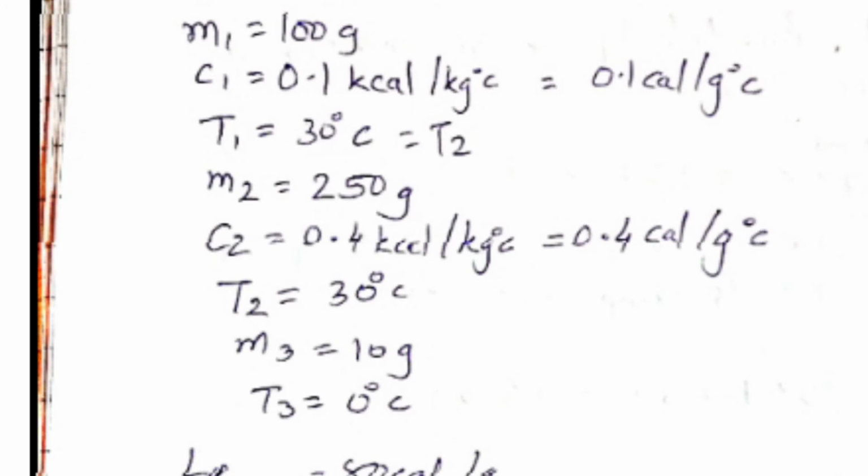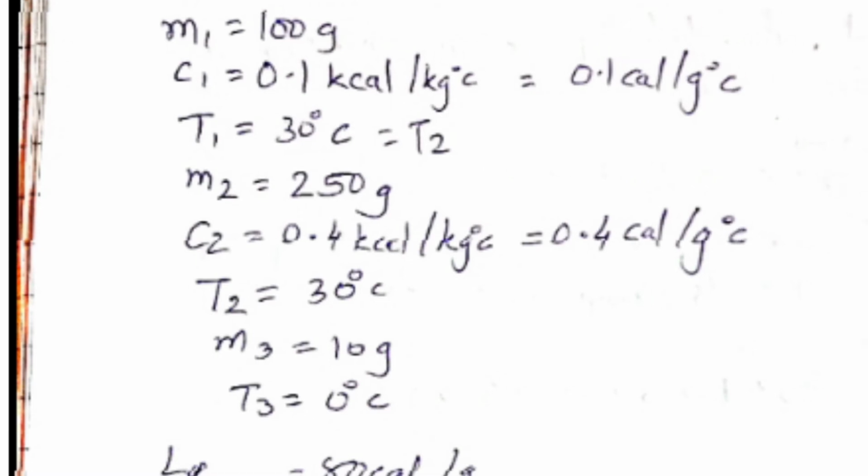T2 I have written here, or you can write it separately, no problem. So what happens is, if we drop a piece of ice of mass 10 grams, so there is M3 also, which is 10 grams at 0 degrees Celsius.